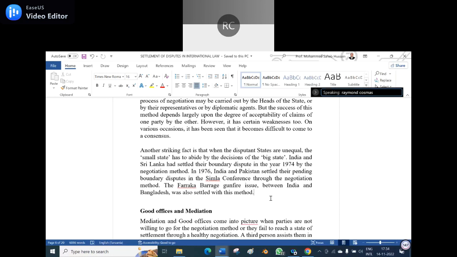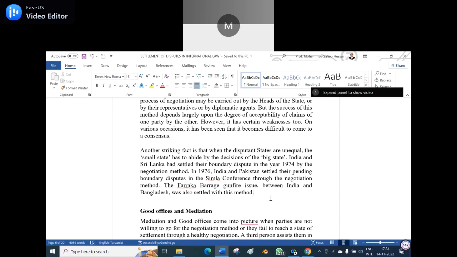See, a big state is India, a small state is Sri Lanka, but through negotiation, their boundary dispute was settled in the year 1974, and still they are binding. In 1976, India and Pakistan settled their pending boundary disputes in the Shimla Conference.